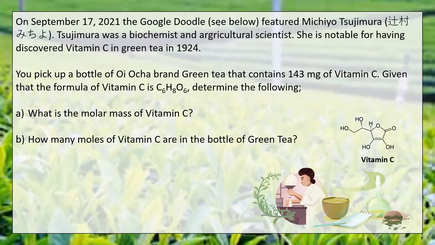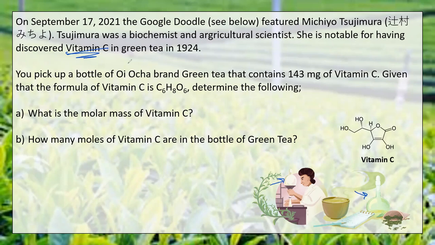So this problem I wrote because I Googled something on September 17th, and I noticed that the Google Doodle had some pretty sweet chemistry going on. I looked it up, and it is about Michio Suzuki, a biochemist and agricultural scientist, most famous for discovering vitamin C in green tea in 1924.